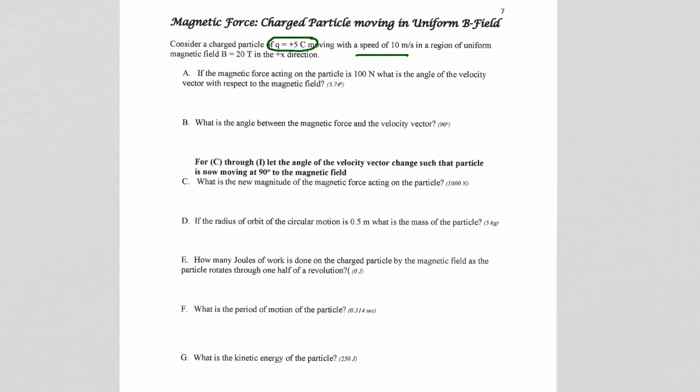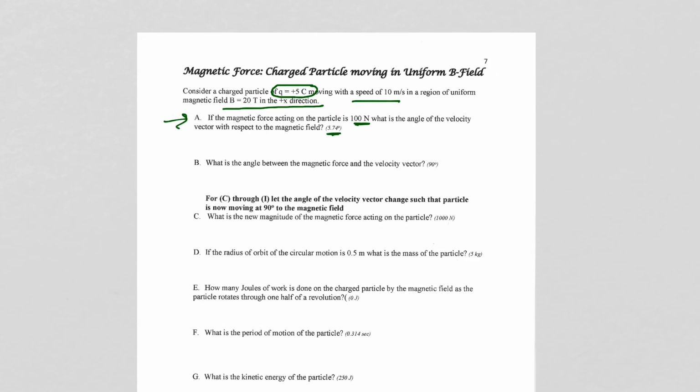You are given the magnetic field in the x direction. In part A of this problem, you are also given the force, and you are asked to calculate the angle. So here, at first, we are not assuming we have V perpendicular only. So you are going to use FB equals QV cross B, and use the sine of the angle to get your angle in part A.